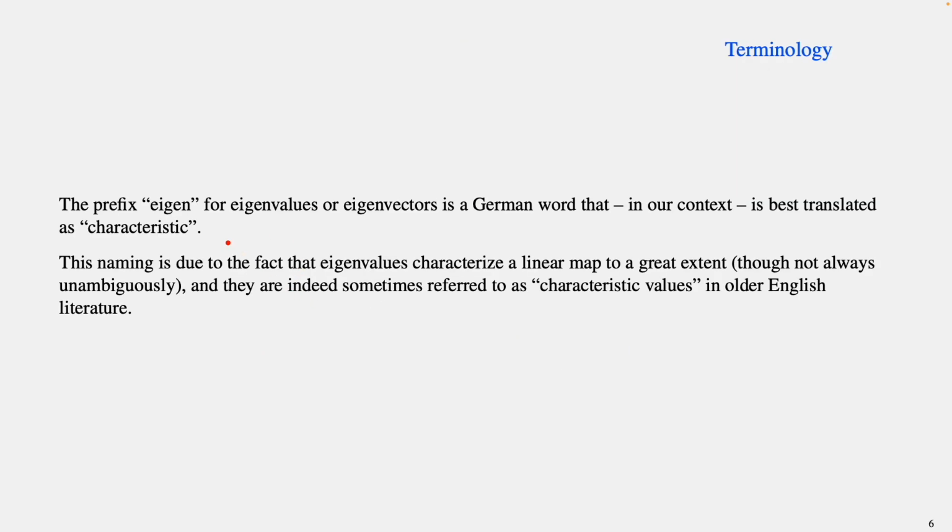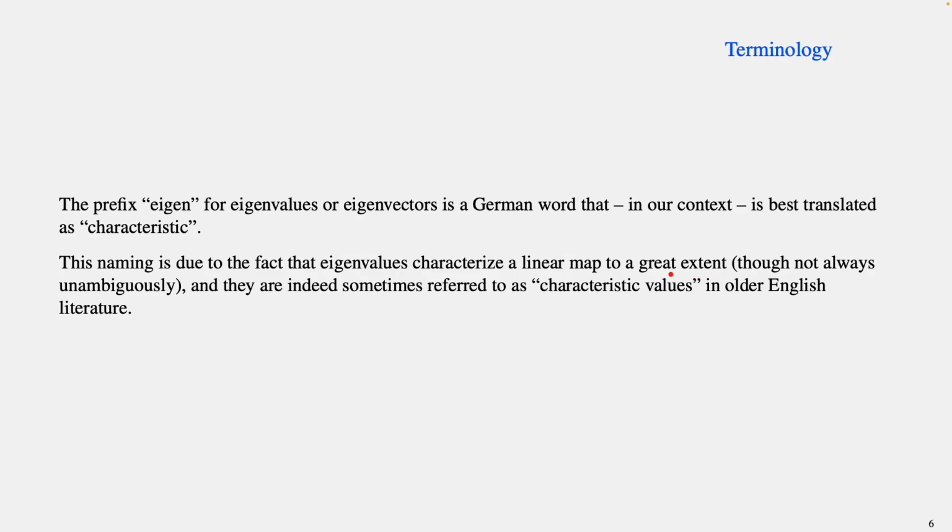And because a lot of people wonder about the curious name eigenvalue and eigenvectors, let me tell you where this prefix eigen actually comes from. It is in fact a German word that, in the context that we are currently in, is best translated into English as characteristic. So this name comes from the fact that eigenvalues characterize the linear map to a great extent, though not completely.